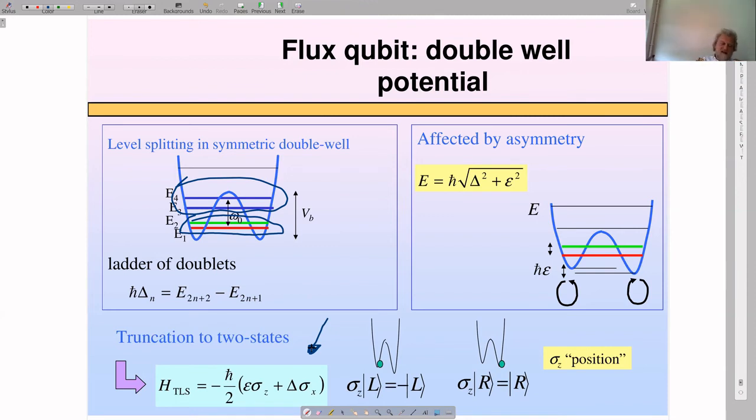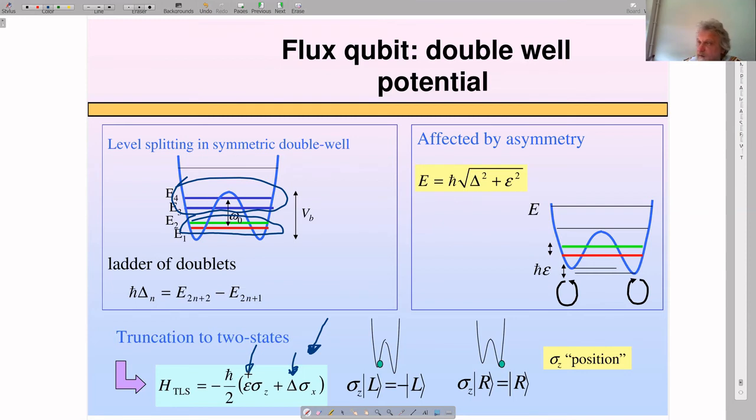The Hamiltonian is like this. Here is something which relates to the barrier height. Here is something which can be directly related to the flux. Fine. This is the flux qubit.